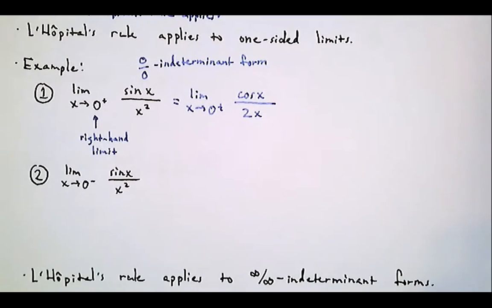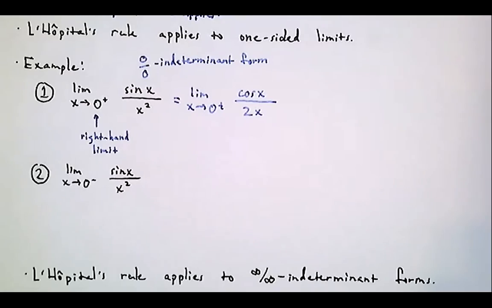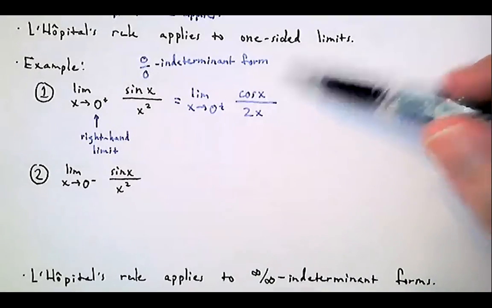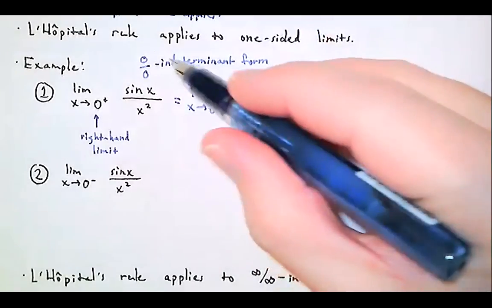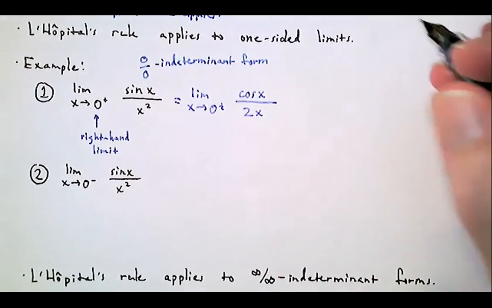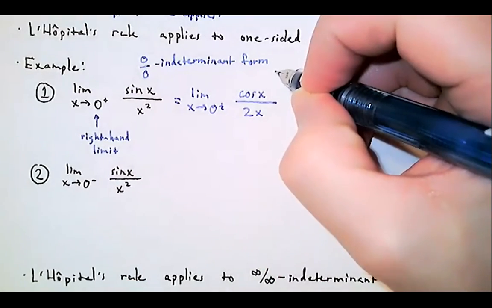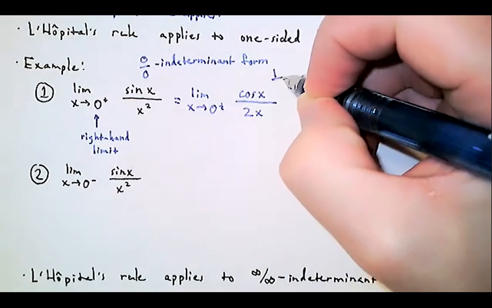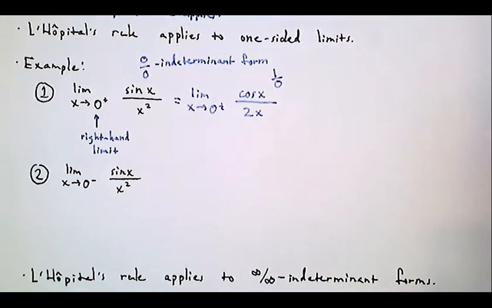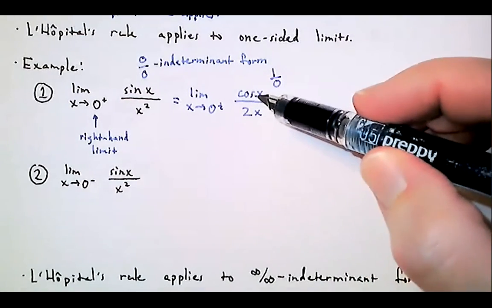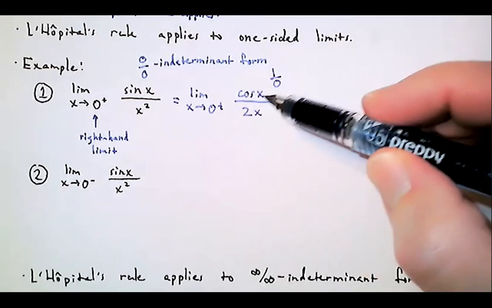And at this point, we have to be careful, I guess, because we get not a 0 over 0 indeterminate form. We're actually looking at a 1 over 0 kind of situation, because cosine is 1 when you plug in 0.